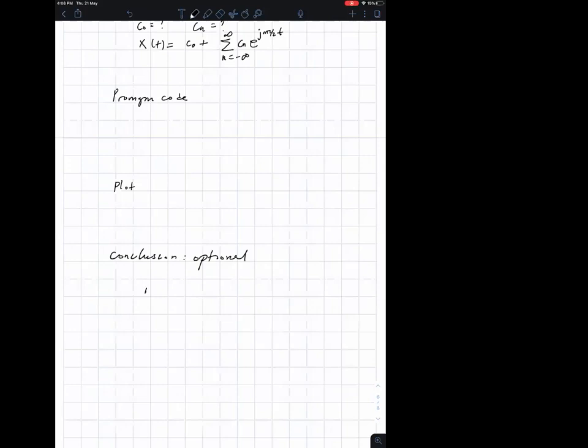You can just say as n increases, the plot approaches the original waveform, something like this.